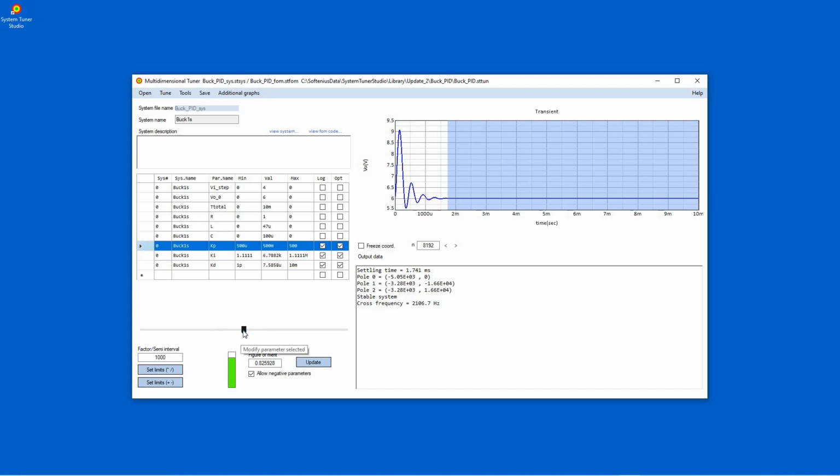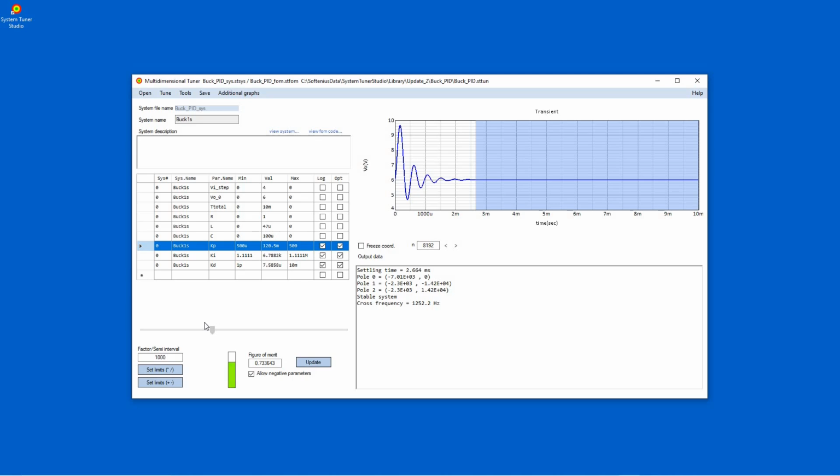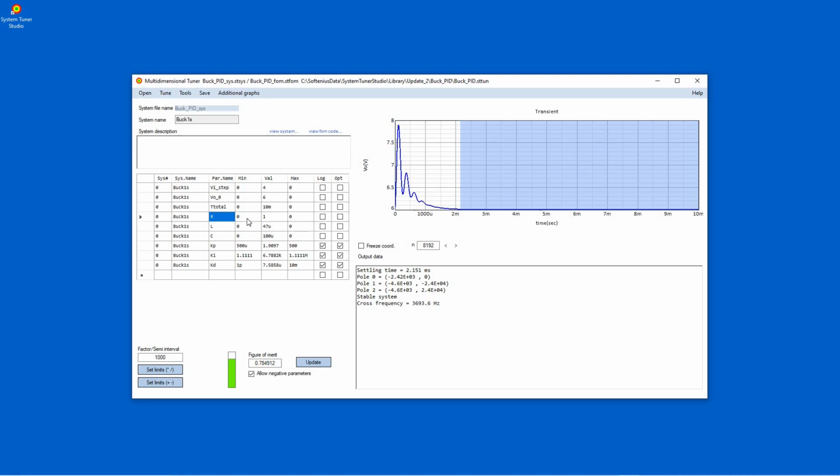Also for Kp. This is also valid for the rest of the parameters of the converter, such as, for example, the value of the plant resistance.